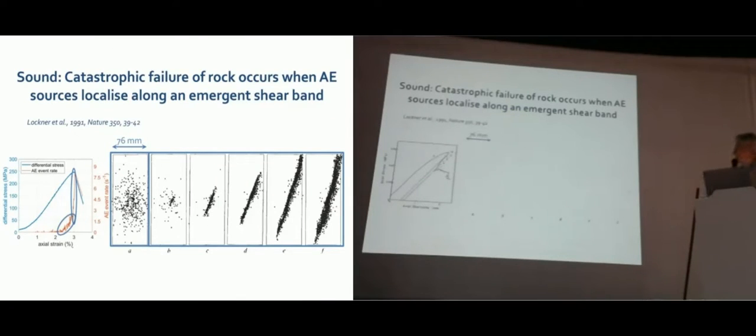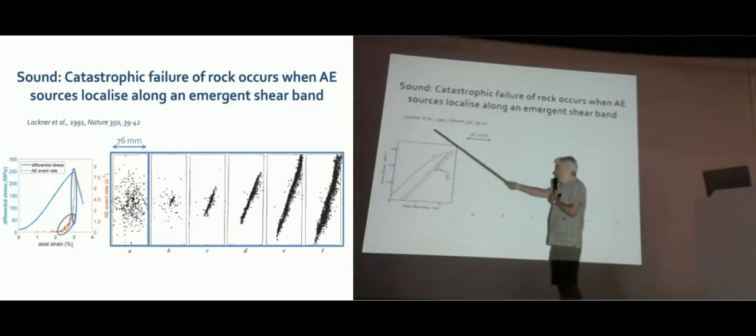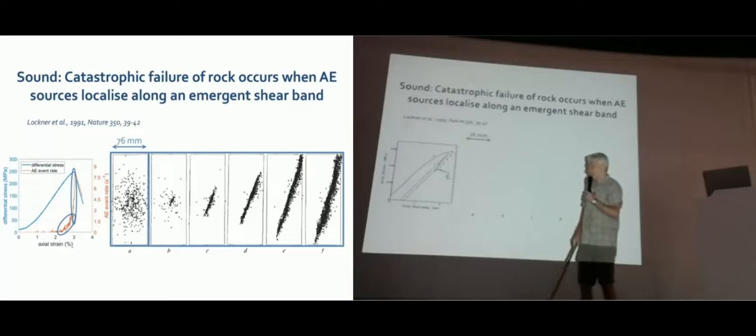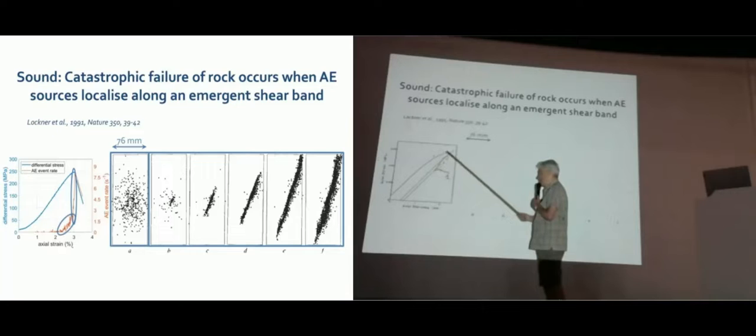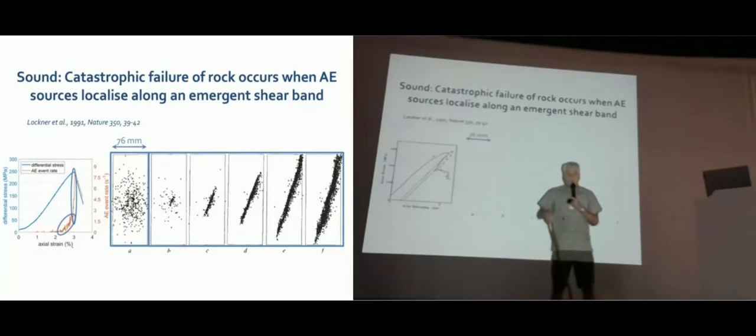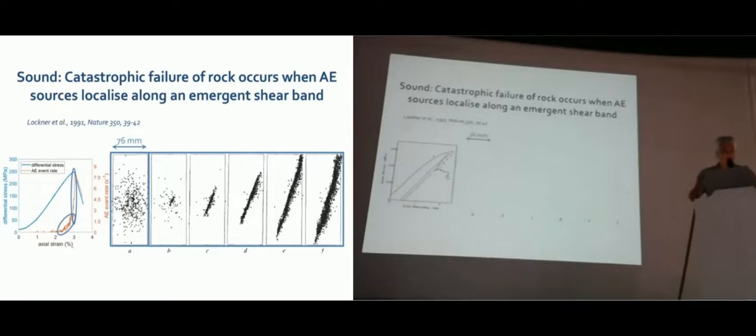And we're going to copy a protocol first used by Dave Lockner and his group at Menlo Park, published just over 30 years ago. Seminal piece of work, this, where they deliberately took the sample over peak stress and then back down the hysteresis curve to try and slow down the process of failure so they could see it on the timescales of a normal deformation experiment.